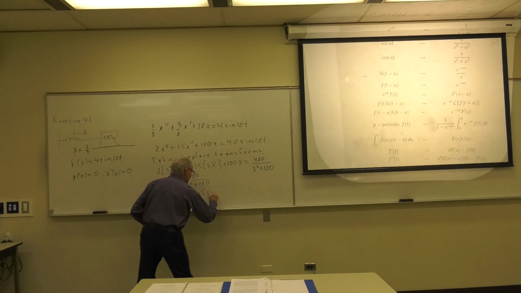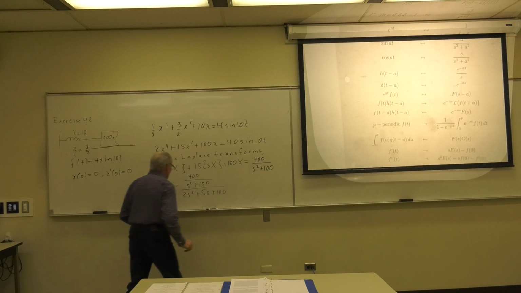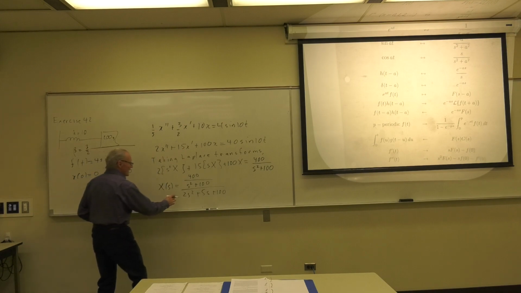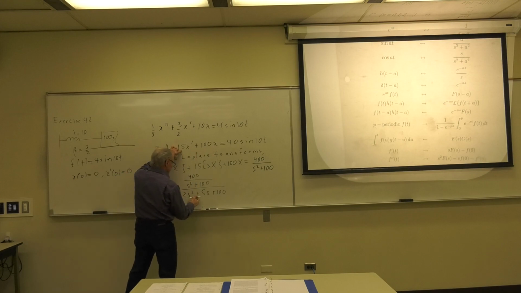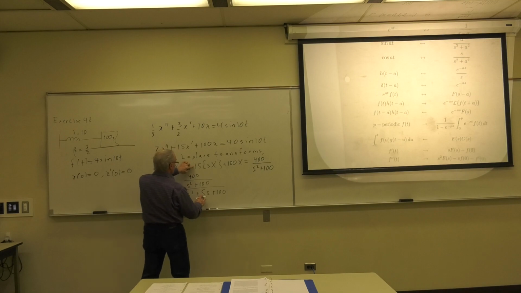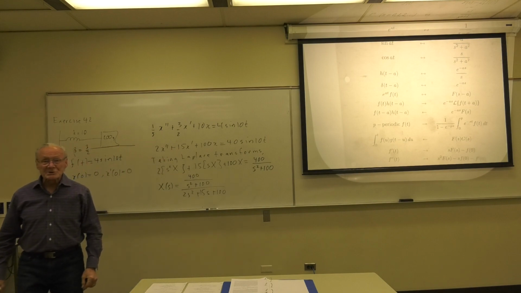plus 15s, plus 100. And we make a quick check that this denominator is the same thing as the auxiliary equation would have, 2m squared plus 15m plus 100. I blew it already, so it's a good thing I checked. That's supposed to be a 15s plus 100. That was a valuable check.